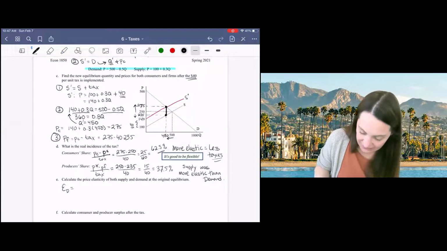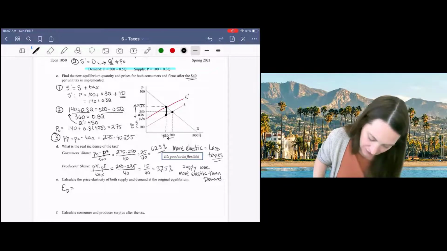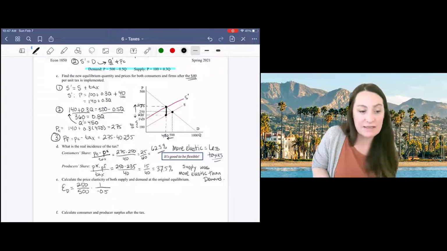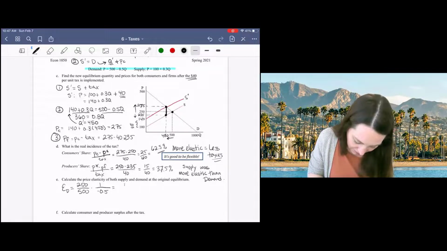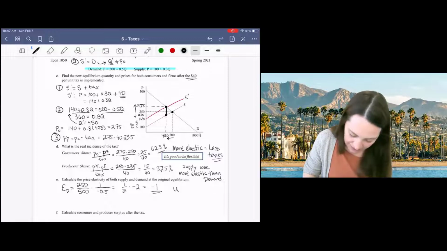And I can find the elasticity of demand, again at the original equilibrium point, by taking price over quantity times 1 over the slope, which for demand is -0.5. And I can see here I've got 1/2 times -2 is equal to -1. So demand in this case was unit elastic.